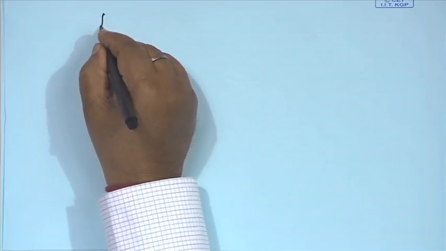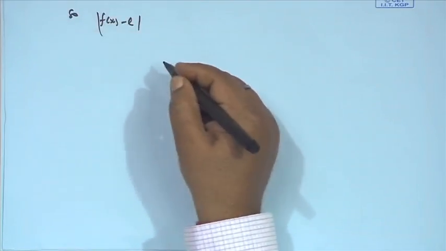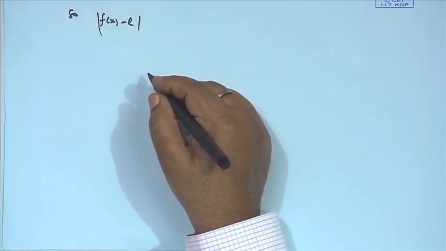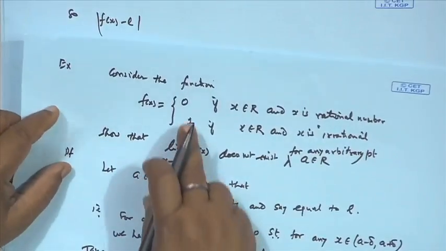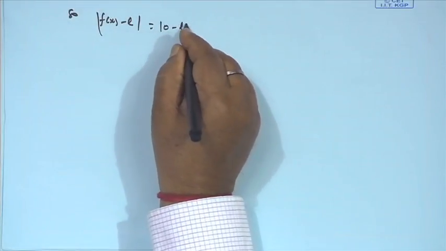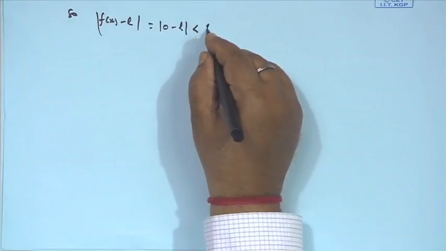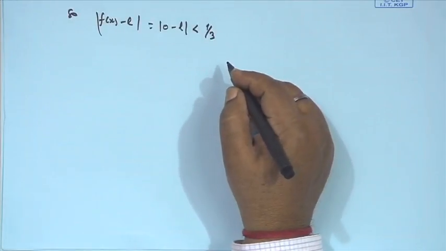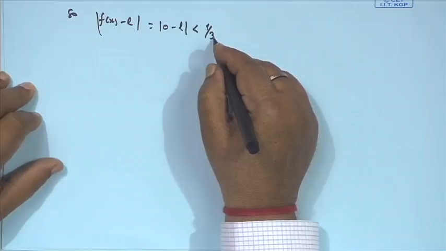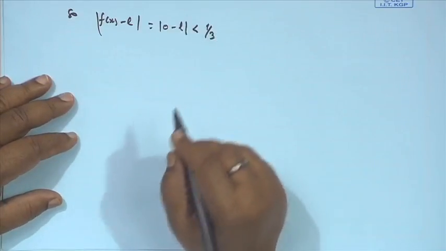So, |f(x) minus L|, if x is rational, then at a rational point f is 0. So, we get this is equal to |0 minus L|, and epsilon I am choosing as 1/3. So, it is less than 1/3.